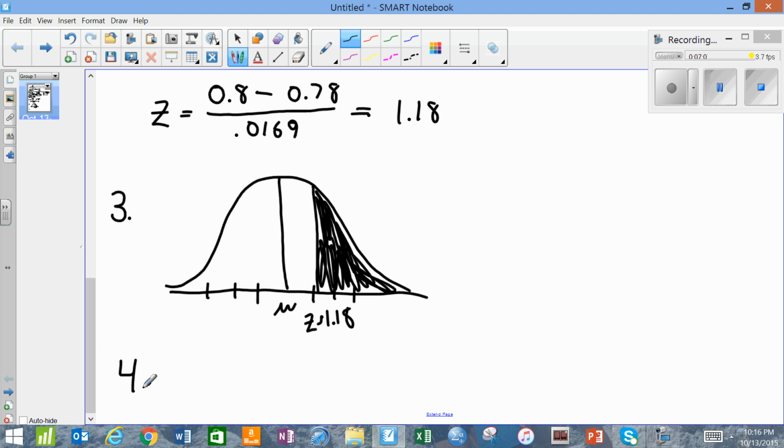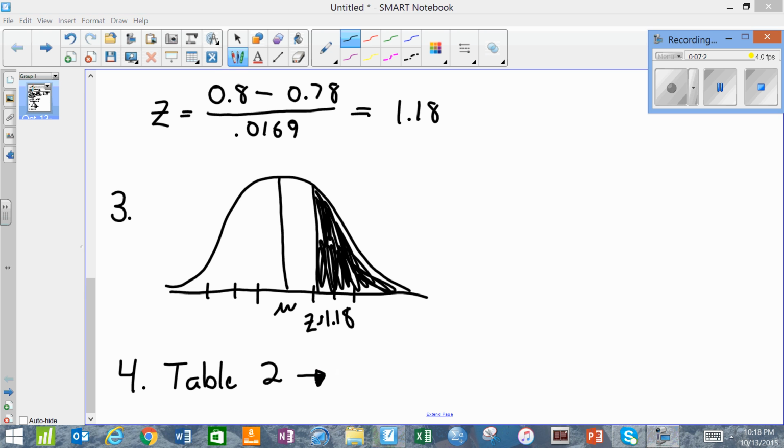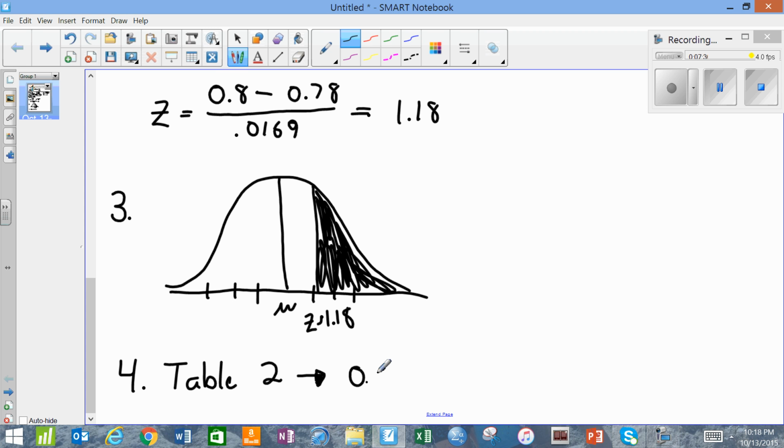Then after we do that, our final step is to go to table 2 in the back of our book and look up 1.18 in your table. So I'm going to just pause for a second. Again, go ahead and take a minute and figure out what your value is from table 2. When you look up 1.18 in table 2, you should get a value of 0.881.